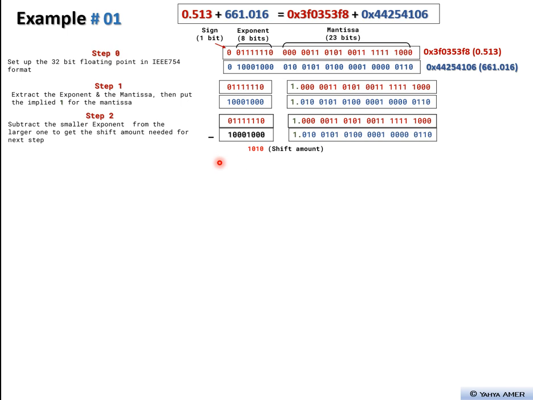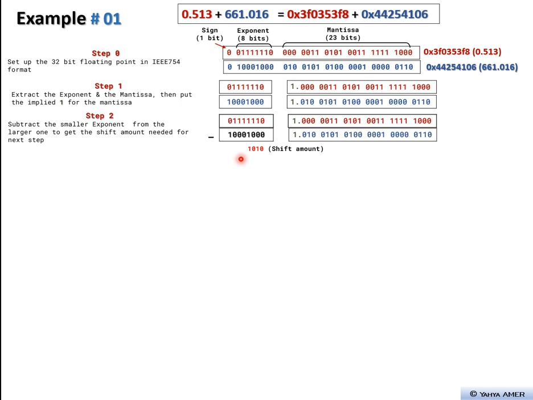This number tells us the shift amount needed for this mantissa to be right shifted, so we can increase the value of this exponent until it equals the other exponent, and this is the whole target of this step.